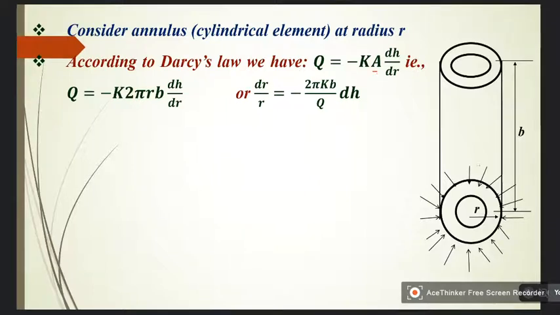This is the total length, which is 2 pi r. And what is the total height over which the flow is taking place?